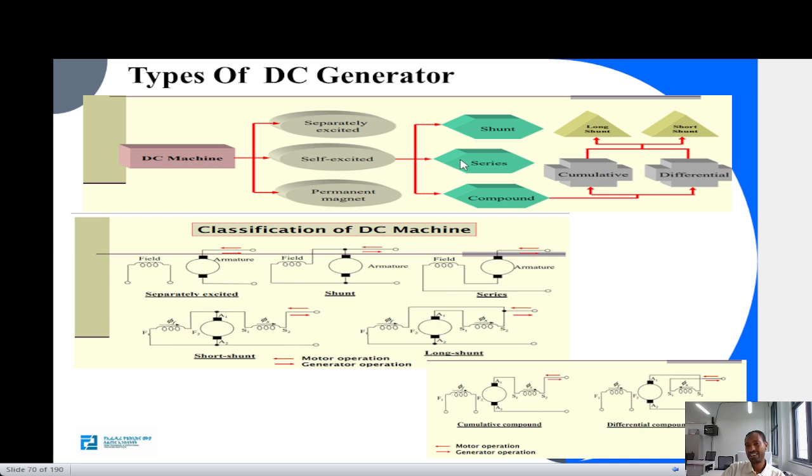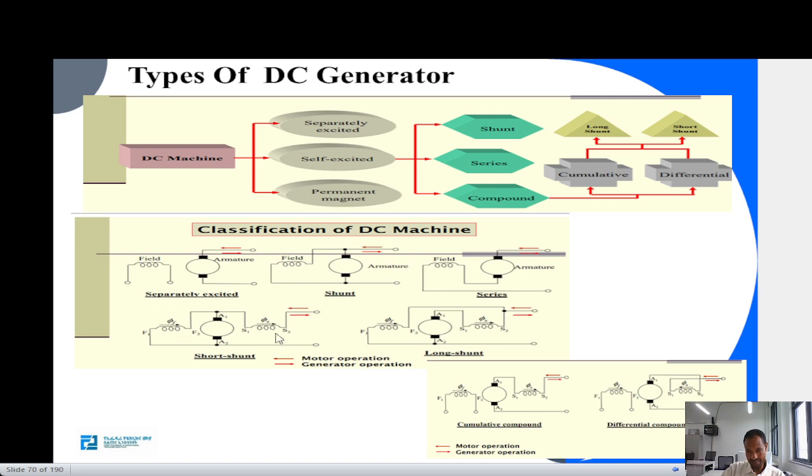Now, when the field and armature are supplied with one voltage, they are called shunt. Here, the armature and the field are connected in shunt, or in parallel. That's called the shunt type. And if the armature and the field are connected in series like this, it is called the series type of DC generator.